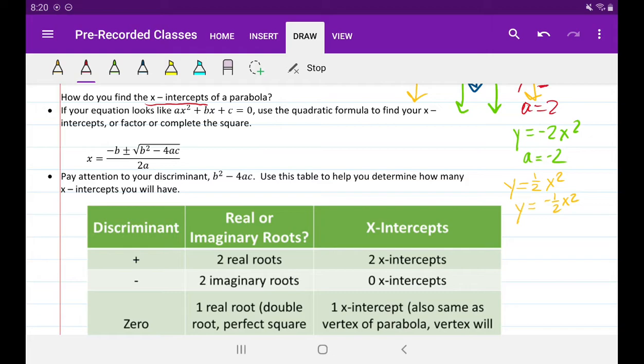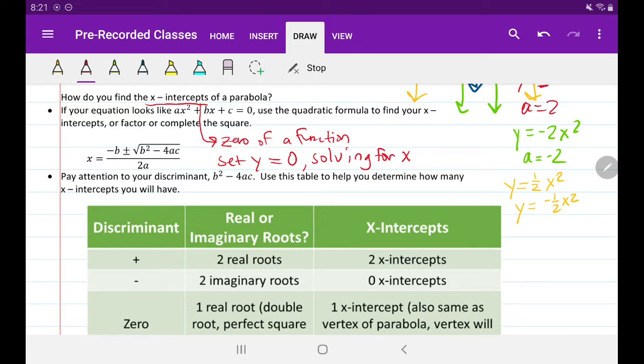The x-intercepts are the same thing as the zeros of a function, and they're also the same thing as setting y equal to 0 and solving for x.